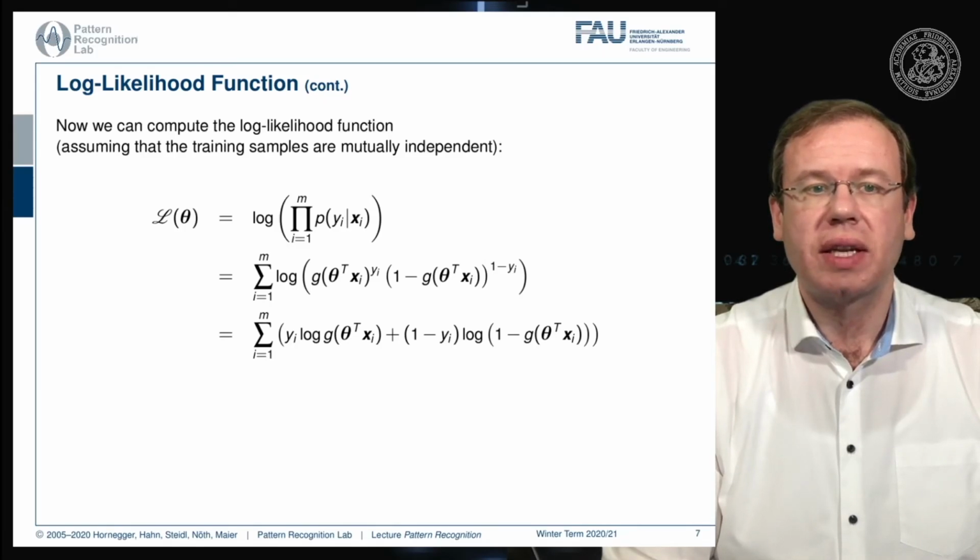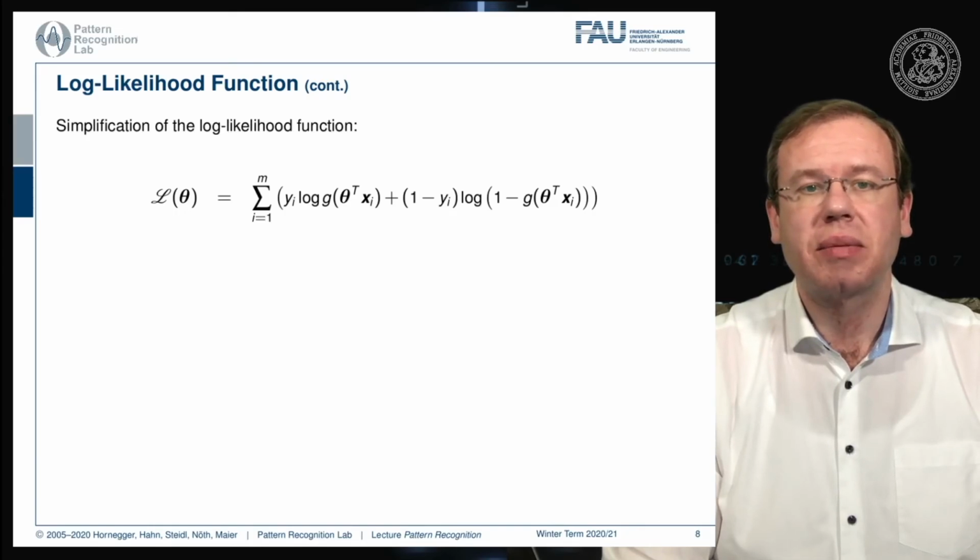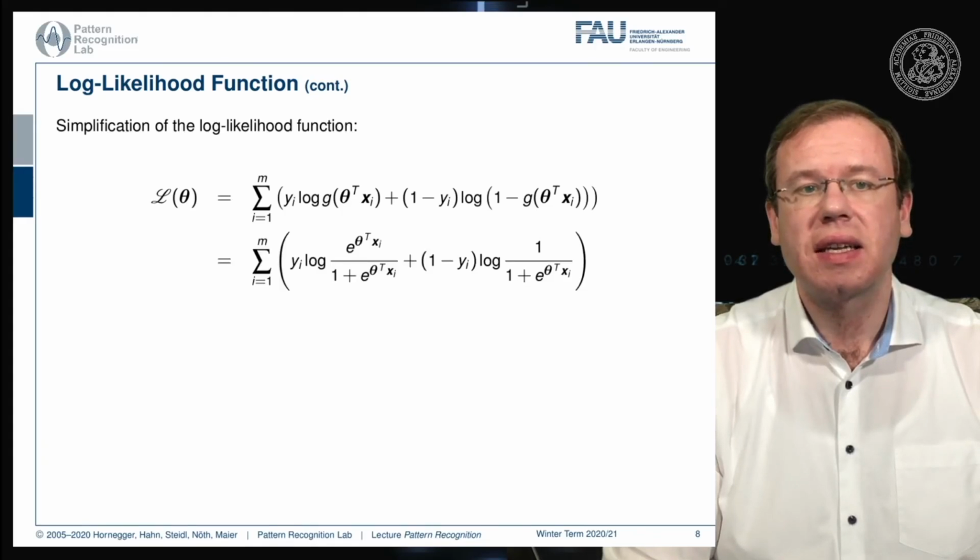This is already a first step towards simplifying this, but we can see that this can be simplified further, and in the next step we actually want to use the definition of the sigmoid or logistic function, and you can see that the left hand term we can essentially rewrite using the exponential function here, and instead of using the notation with the negative sign, you can see that we already expanded the fraction on the left hand side by adding the exponential term also to the numerator.